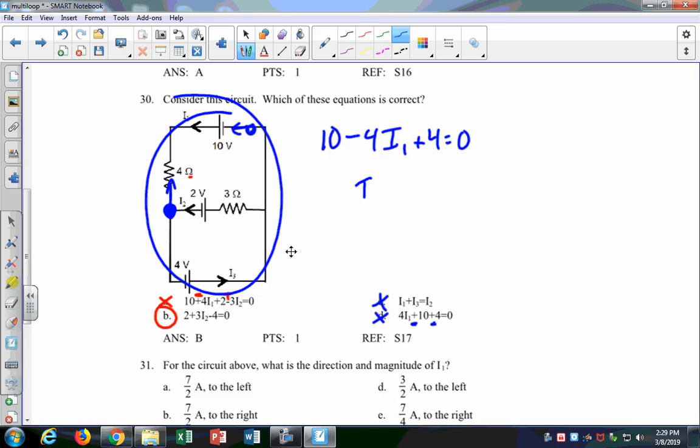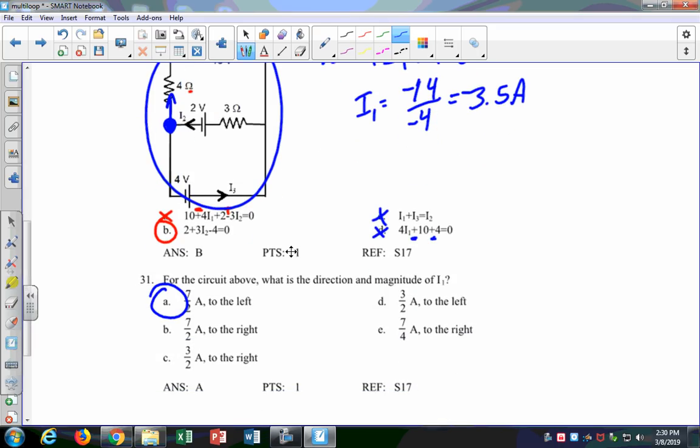That's I1 equals negative 14 divided by negative 4. That's 7 halves, that's 3.5 amps. And that will be to the left, or 7/2 to the left. A.